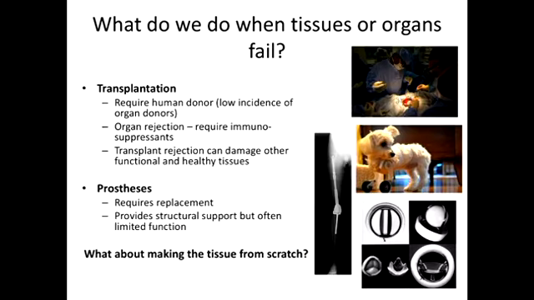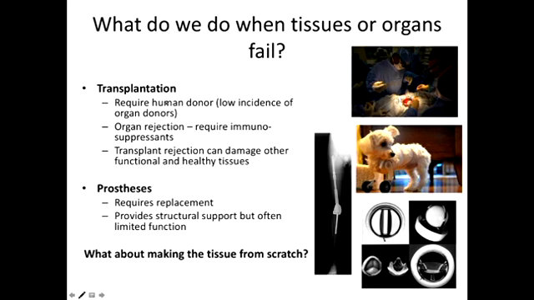So what do we do when tissues or organs fail? As you know, we live in an ageing population. We have an increasing population, which I'll cover at the end. And one of the consequences of living longer is that our tissues and organs and their function can fail. So at the moment, whether it's due to lifestyle factors, genetic factors, injury or trauma, the ways of replacing tissues or organs usually include either transplantation or the generation of a prosthesis.